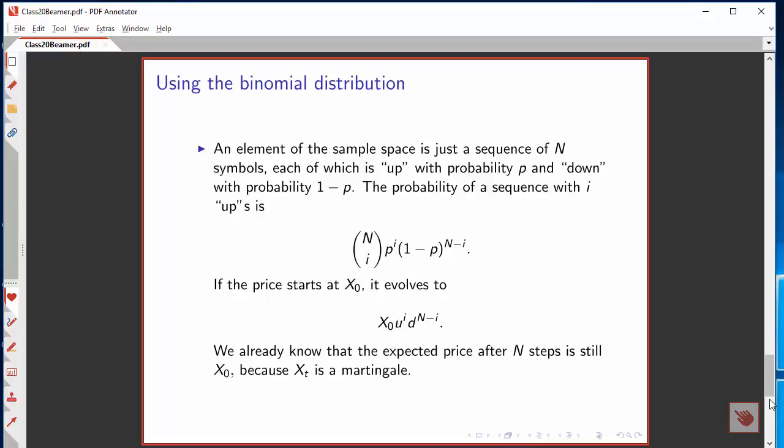And what's that sequence going to do? It's going to take a price that starts at x naught and cause it to evolve to x naught multiplied by u to the i for the i upward steps, and multiplied by d to the n minus i for the downward steps. After n steps, because x sub t is a martingale, the expected price is still going to be x0.